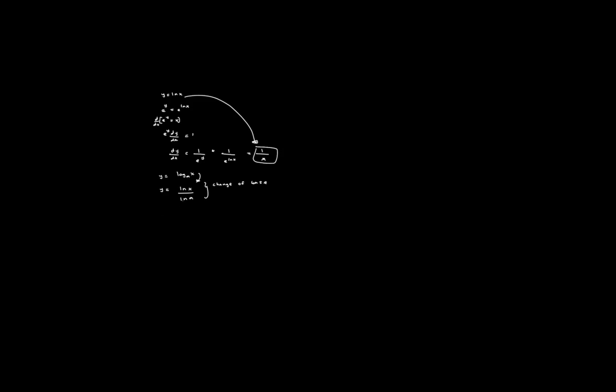This bottom term over here is just a constant, right? So we can treat this as 1 over ln a times ln x, and the derivative of this is simply 1 over ln a as a constant times 1 over x, because we derived it over here. And so we get 1 over ln a times x.